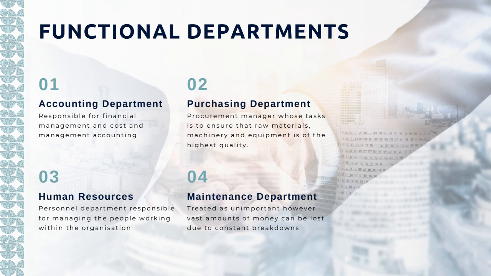Sometimes in smaller organizations, it's a combined function with other departments. But many times in larger organizations, these are departments that stand solely on their own, as opposed to having a combined department. So the first one is the accounting department, which we also have in our organization.